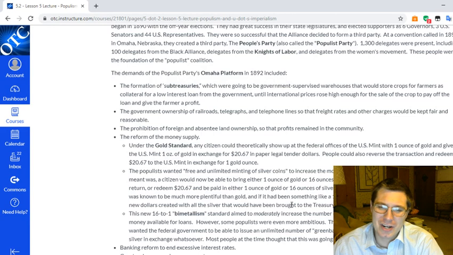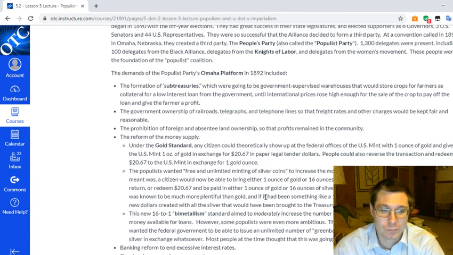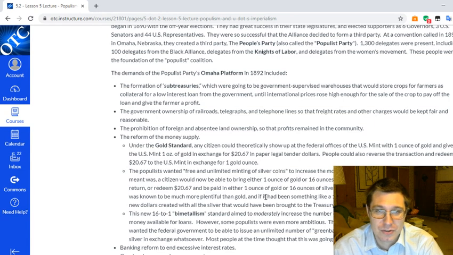The 16-to-1 ratio was proposed because silver was known to be much more plentiful than gold, and if it had been something like a 1-to-1 ratio, then there would have been way too many people showing up with silver. There would have been way too many dollars created, with all the silver that would have been brought to the treasury.